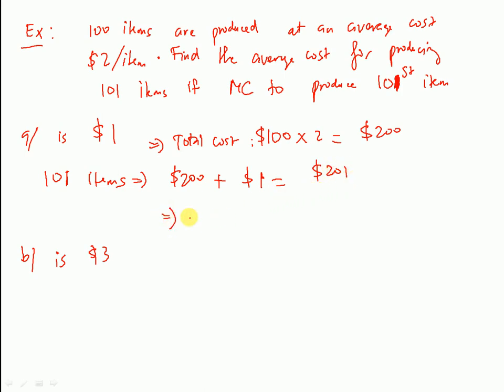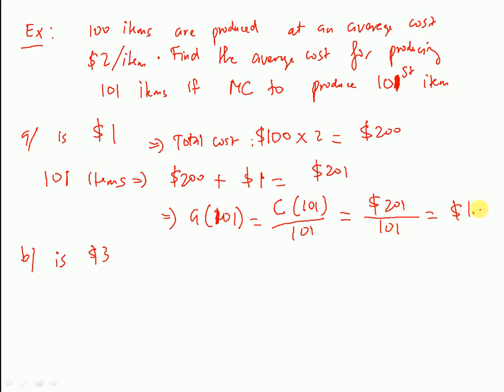Now, after we have the total cost of 101 items, this is equal to C of 101 over 101. The total cost for 101 items is $201 divided by 101 items. That gives you $1.99, so this is $1.99 per item.